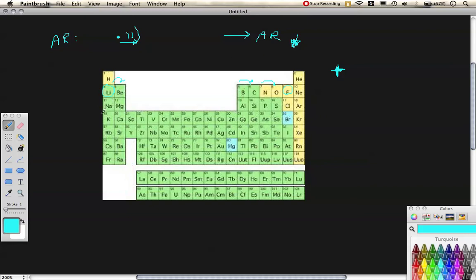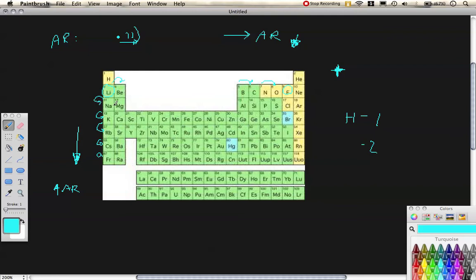As you move down a group, it's pretty self-explanatory. Down a group, there is an increase in atomic radius, and that is because as you progress down a group, you're adding an additional energy level every time. If you start here with hydrogen, you've got 1 energy level. Here with lithium, you've got 2.